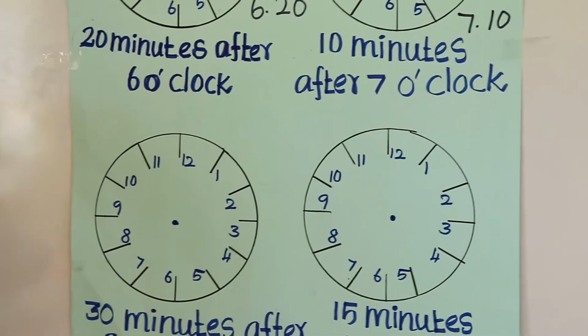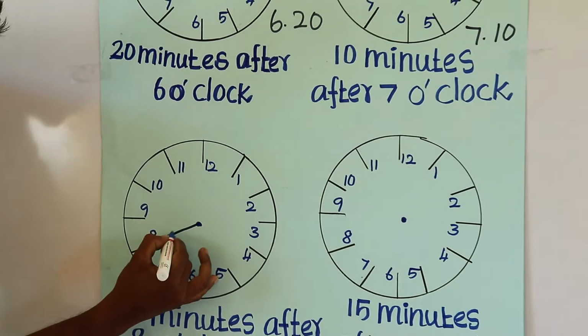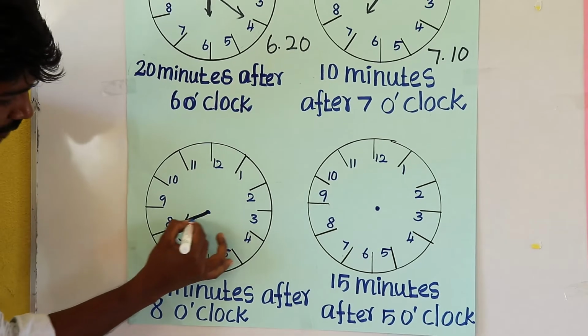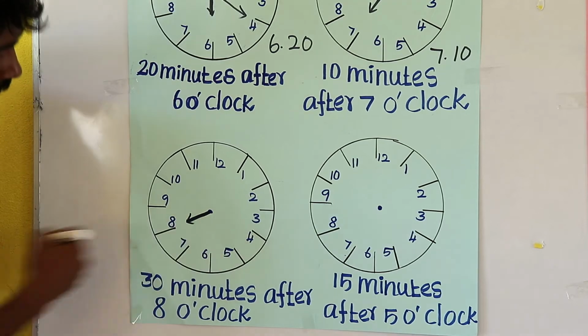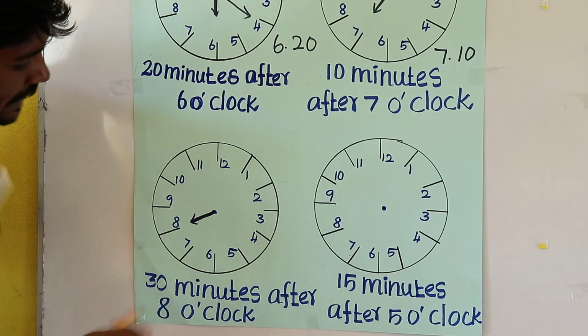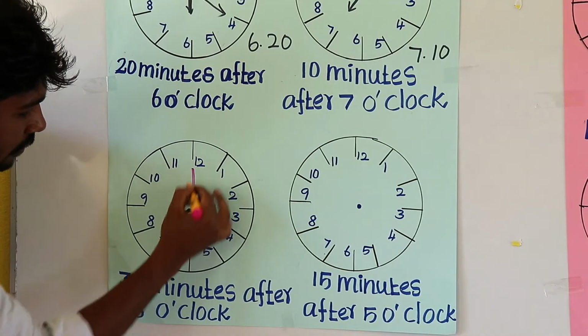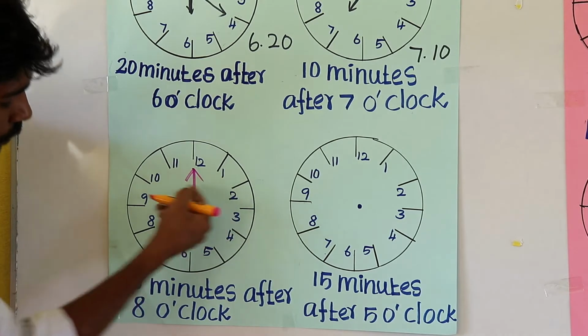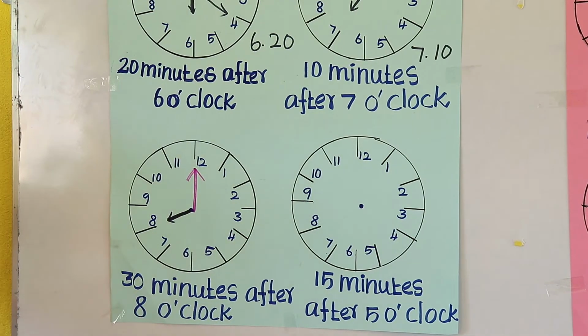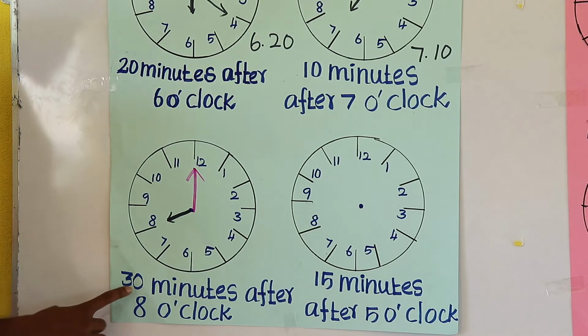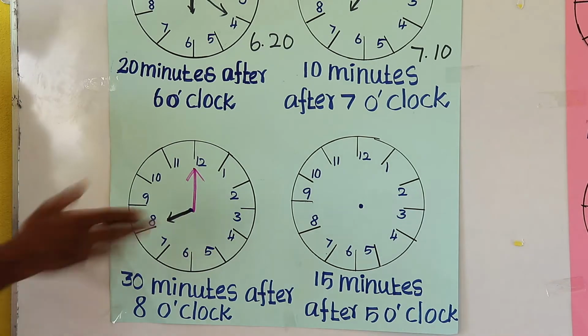Then next, the third one, 30 minutes after 8 o'clock. First, 8 o'clock. So the hour hand is at 8 and the minute hand is at 12. Now the question is 30 minutes after 8 o'clock.